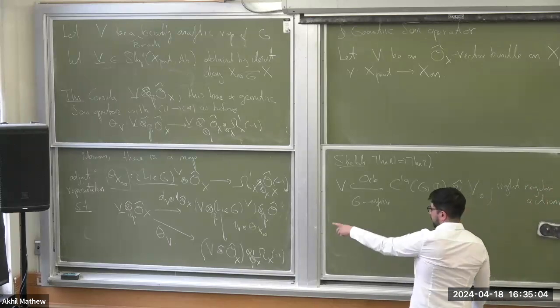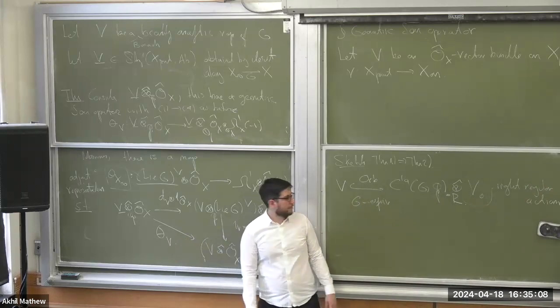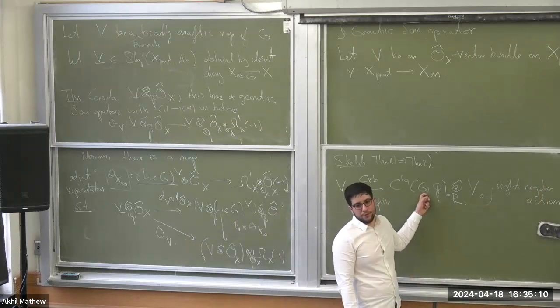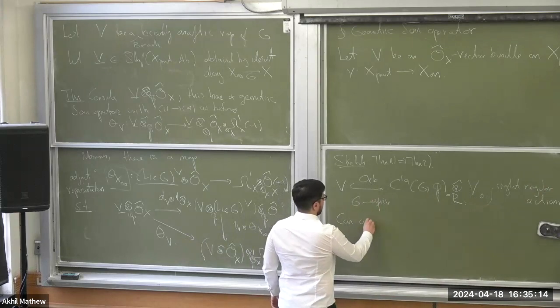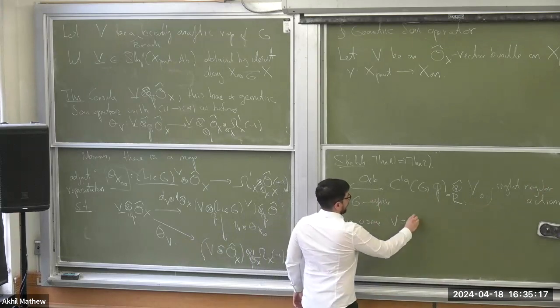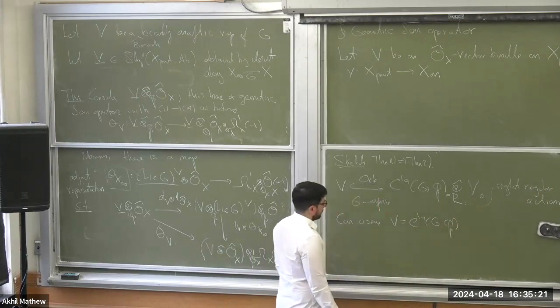So for the sake of proving this statement, because the construction of these is natural, we basically do the universal case. And then I say that in the statement, the representation has to be finite, but you can just take a finite-dimensional one.